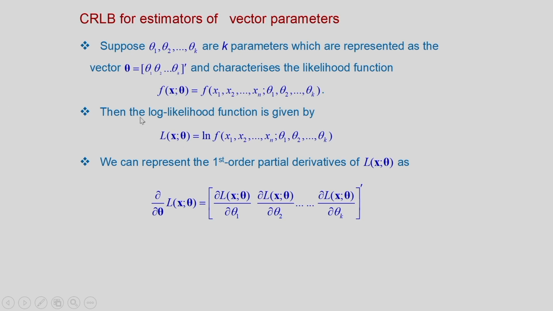Now, because it is a function of several variables, we can get the first order partial derivative vector. So, we can take del L del theta 1, del L del theta 2, like that. One column we can take, and this column is the vector representation for the first order derivative del L del theta.